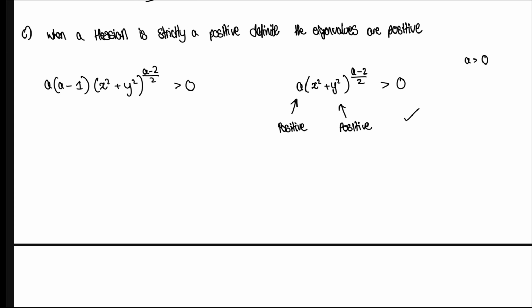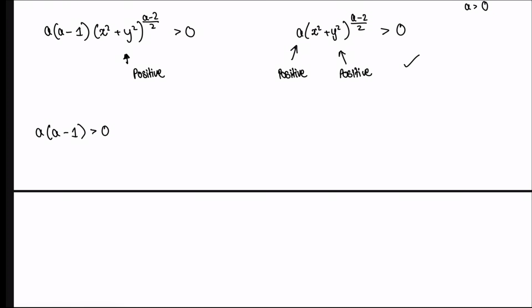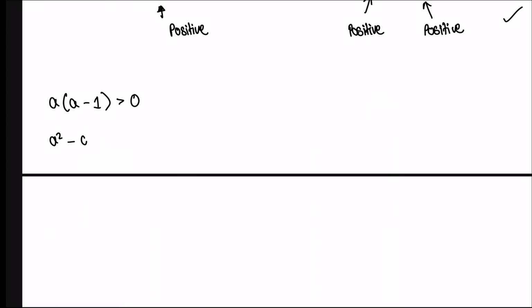If we look at this now, from before we know that this is positive. So essentially, we need to solve for a(a minus 1) being greater than 0. So if we solve this as a quadratic, we get 2 roots. a is equal to 1, a is equal to 0. Because it's greater than 0, we're going to have a greater than 1, or a should be less than 0.